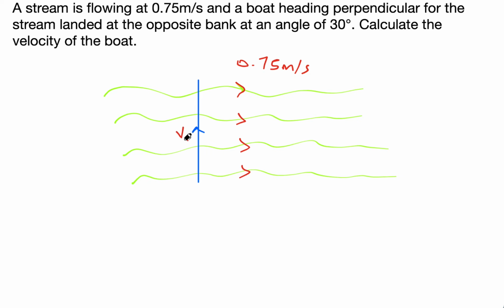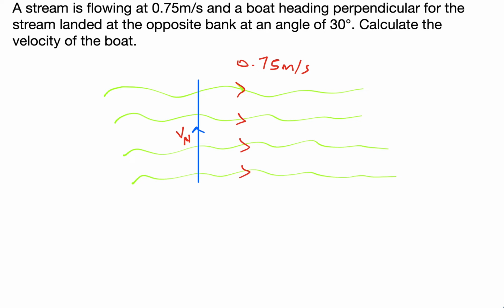That is without any effect of anything on it, the boat would have headed this way. But because this stream is flowing in this direction, there will be a combination of the normal way the boat can move, and also the contribution of the stream.